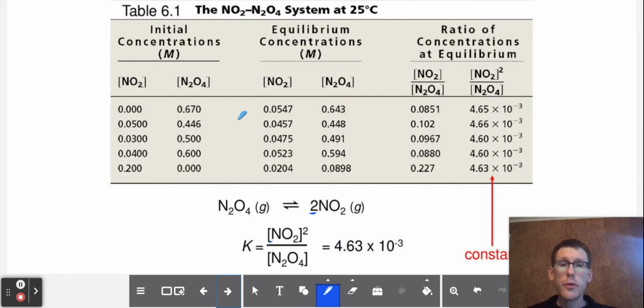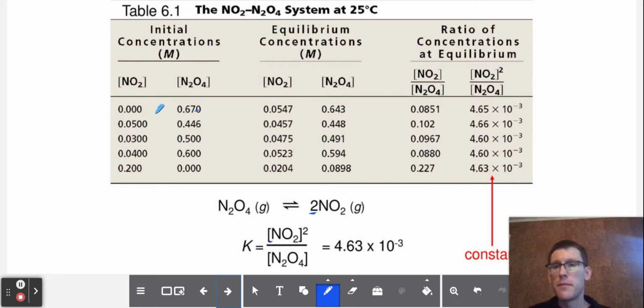And it's notable that you're going to get that pretty much no matter where you start. So for example, if we start with a system initially where there is absolutely no NO2 and 0.670 molar N2O4, well, in that case, the N2O4 will break apart to an extent to form NO2.